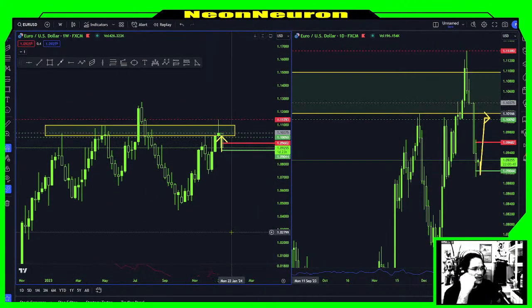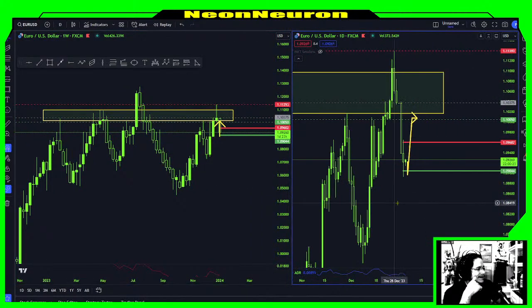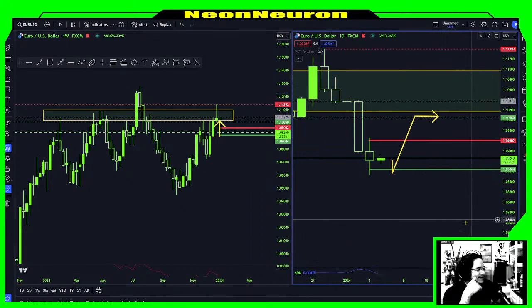I don't know why I erased that box. So every time price came into this zone, the seller was just drinking your milkshake, closing everything. Buyer comes up, seller closes everything. Buyer comes up, seller looks like he's gonna sell.